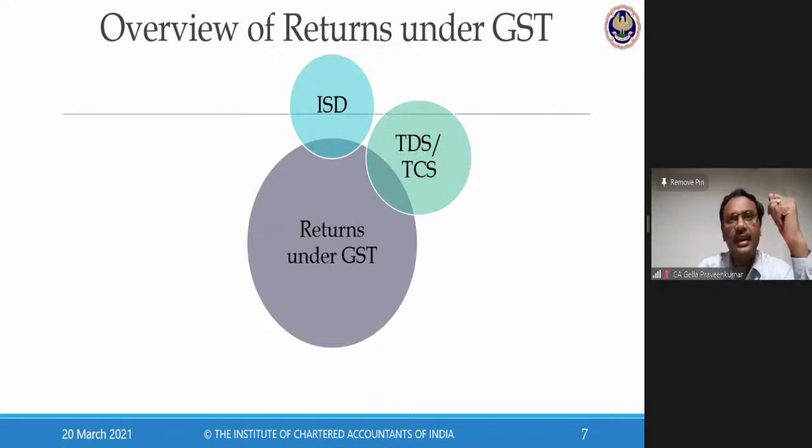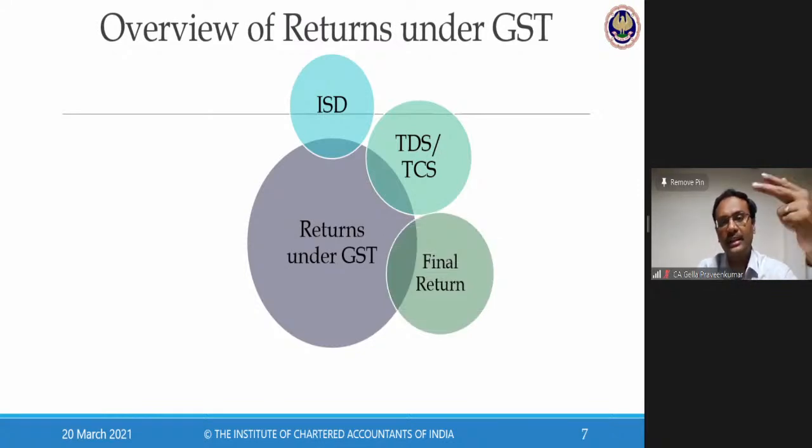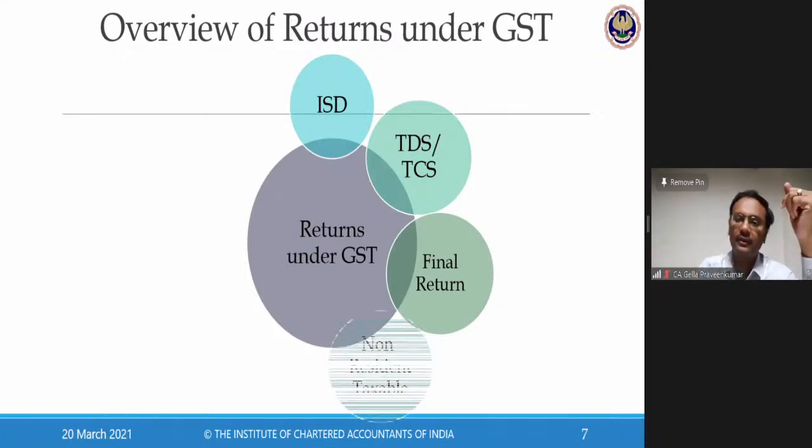TDS is a concept where the government entity recovers a tax called TDS when the contract value exceeds the sum of rupees 2,50,000. TCS is where 1% GST is recovered when transactions are done through an e-commerce operator. Then there is one concept called the final return. When there is a cancellation of registration, there is an expectation to file a return called the final return.